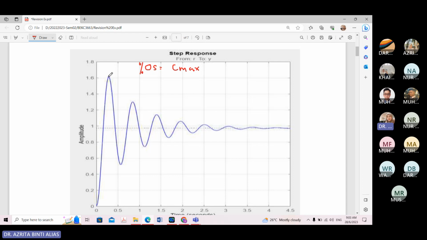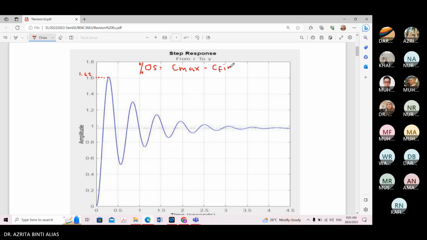So from this graph, the maximum magnitude is about 1.62, maybe. 1.62 minus C final, divided by C final, multiplied by 100%.